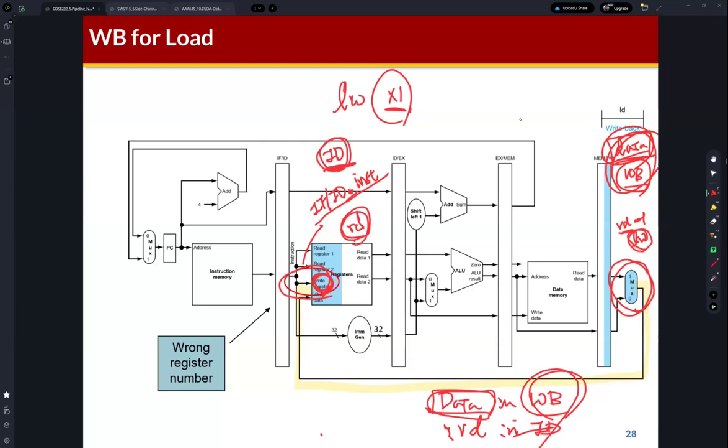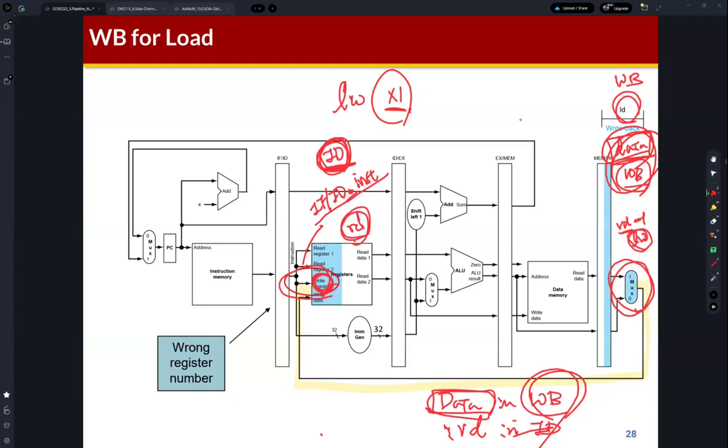In the pipeline architecture, there are different instructions in the different stages, right? So the load instruction is in the write back stage, and the instruction in the ID stage is a different instruction.